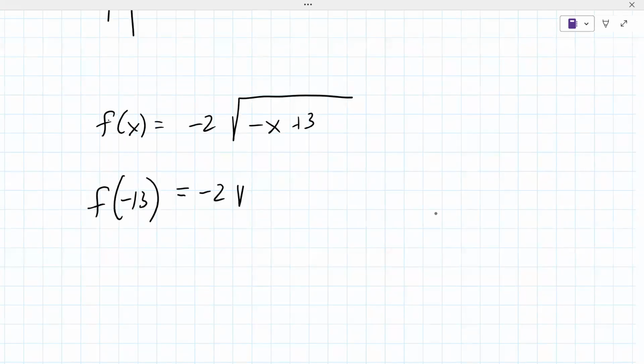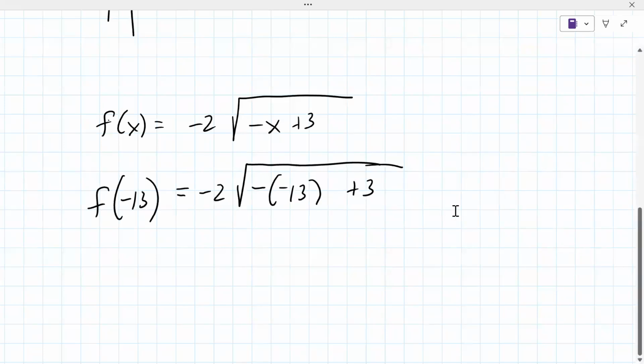This is -2 square root of negative -13 plus 3. What do you do with this double negative, Sourish? What happens to the double negative? For the double negative, it's gonna be a positive.